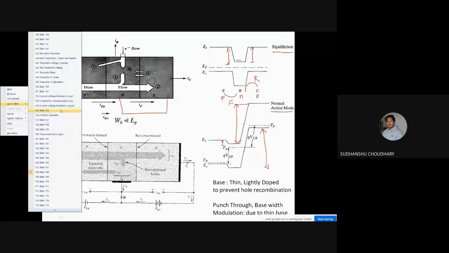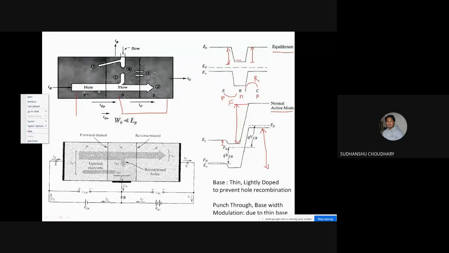Now let us once again understand how this transistor works, the device physics once again. When you forward bias this PN junction, the emitter base junction, holes from the p-type region, which is this region, will diffuse to the base, which is n-type.